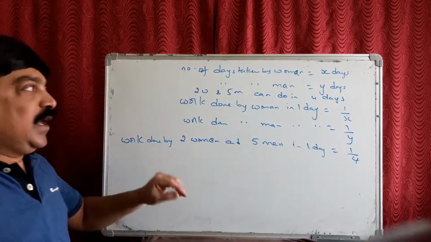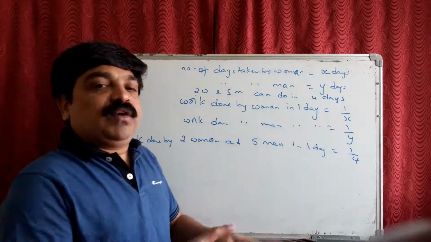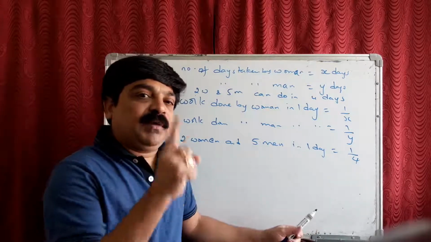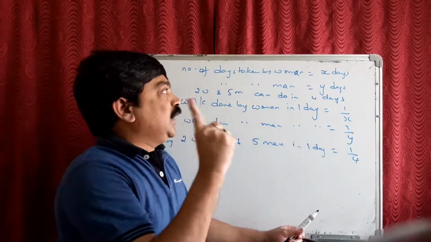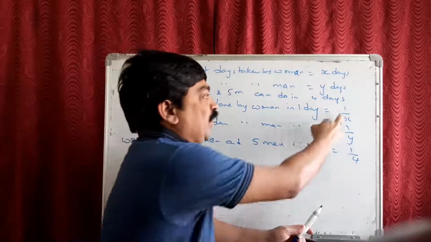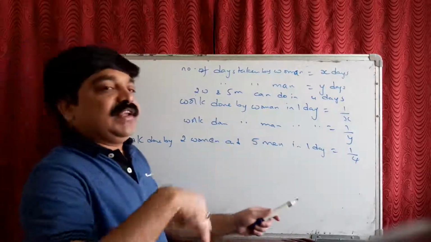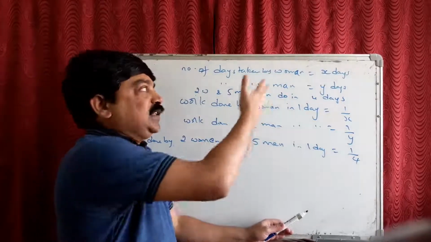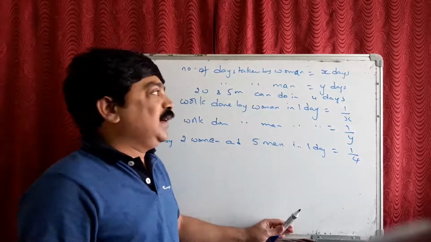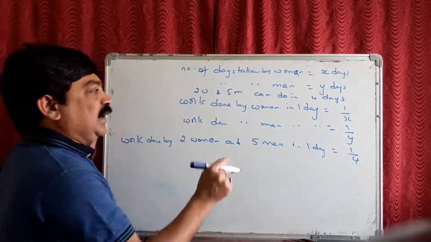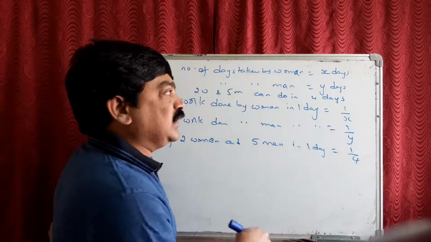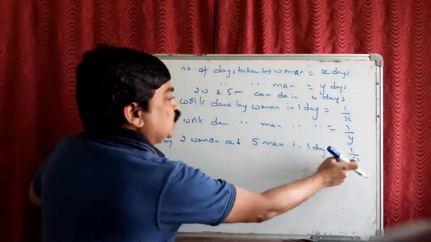Agree? I repeat, guys, first of all we have to take separately the work done by 1 woman in 1 day. It will be 1 by x, because the total number of days taken by a woman is x days, and the total number of days taken by a man will be y days. So for 1 day we have to calculate for all the things. So the combined value is also 1 by 4.